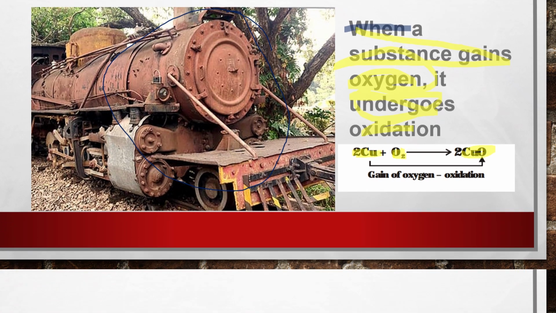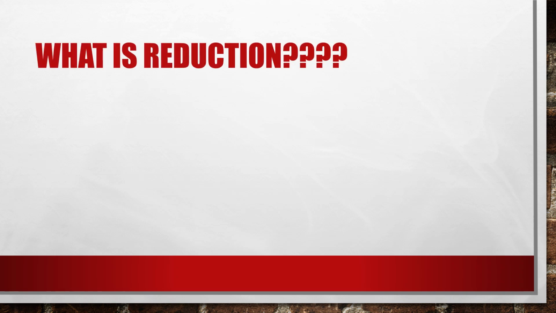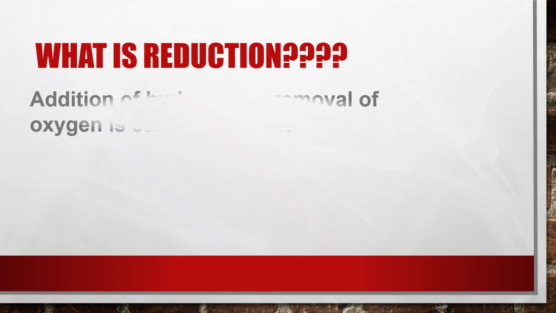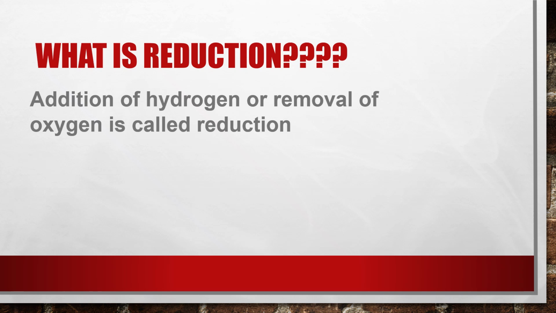Now, if this is oxidation, then there must be something on the other end, and that is reduction, right? What is reduction? Addition of hydrogen or removal of oxygen. It is exactly the opposite of oxidation. Oxidation is addition of oxygen and reduction is removal of oxygen.